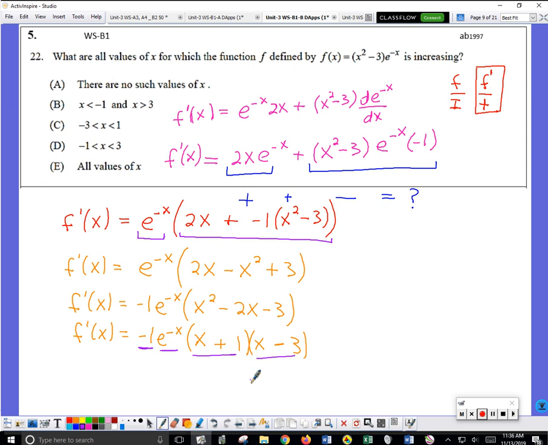And we can build an individual sign chart for each factor because each factor is pretty simple. So let's get a fresh page here. So here's my f prime.